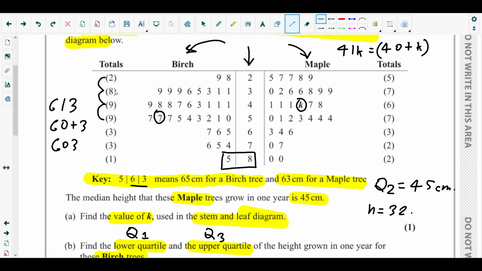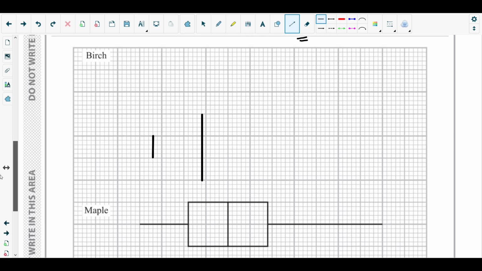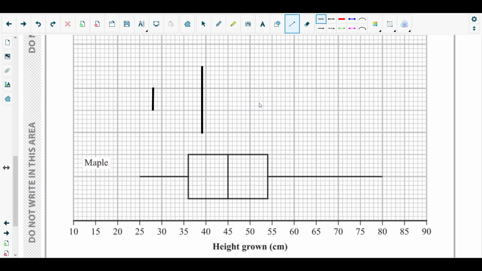The 18th term is 48. So the median is 48. Where does 48 go? 48 is here. This is the median.